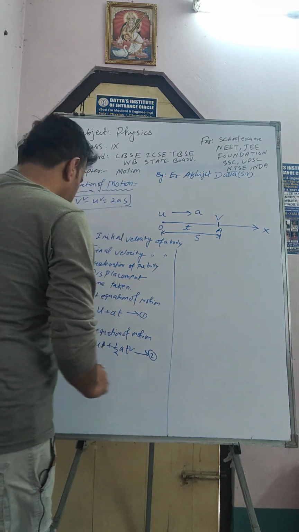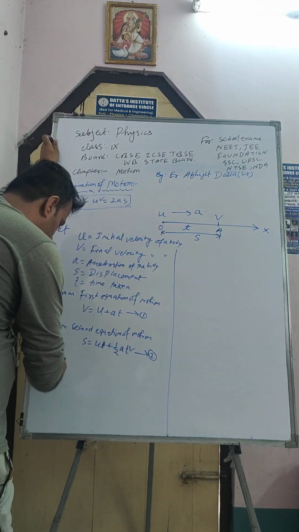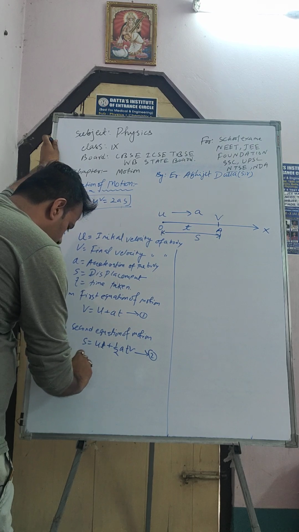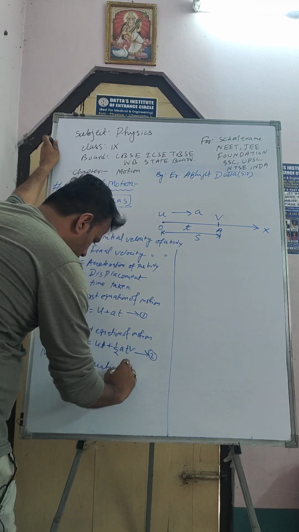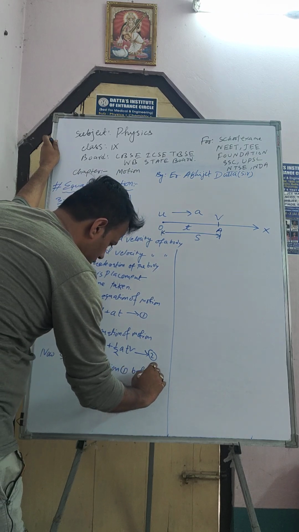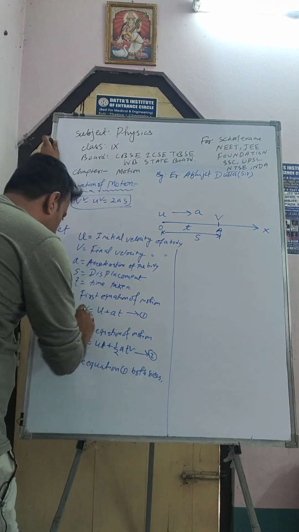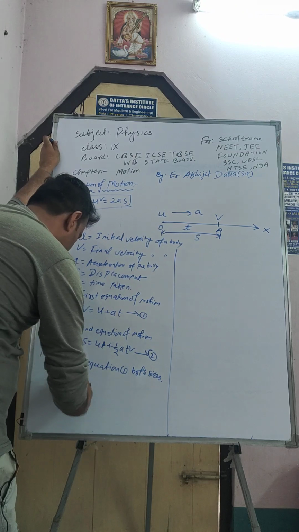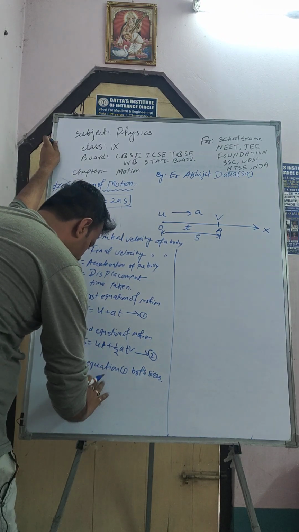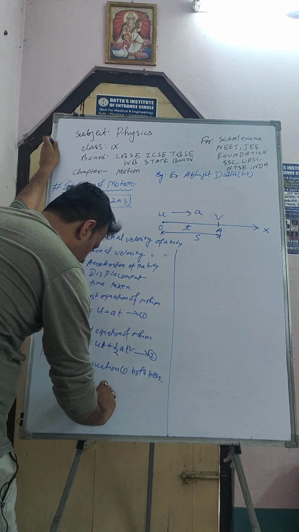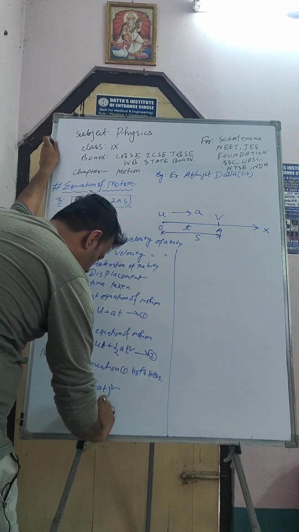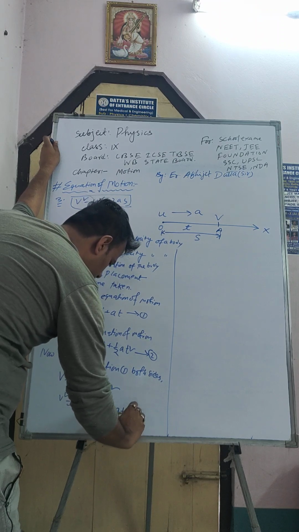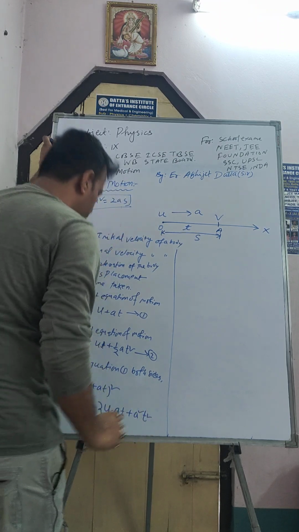Now squaring equation 1 on both sides, it will be v square equal to (u plus at) whole square. So v square equal to u square plus 2uat plus a square t square.